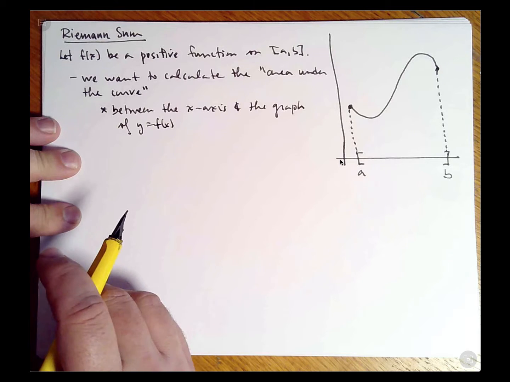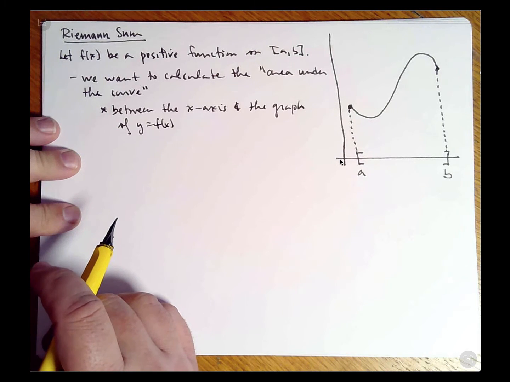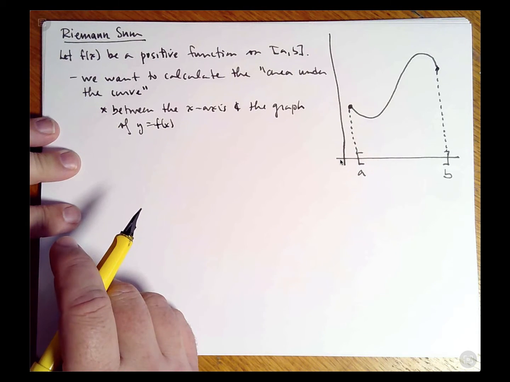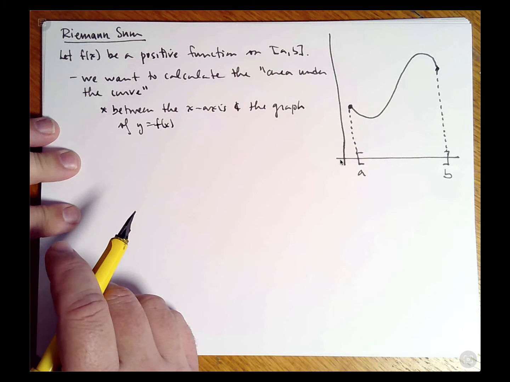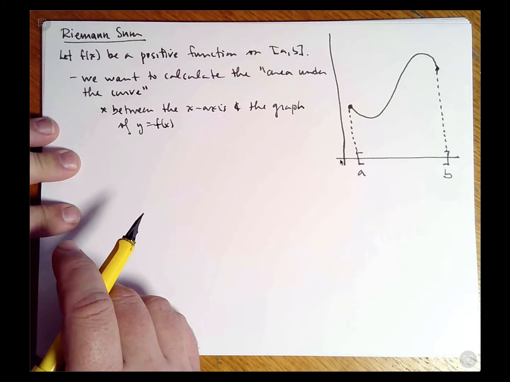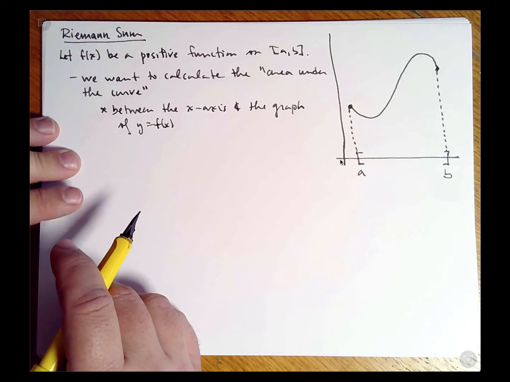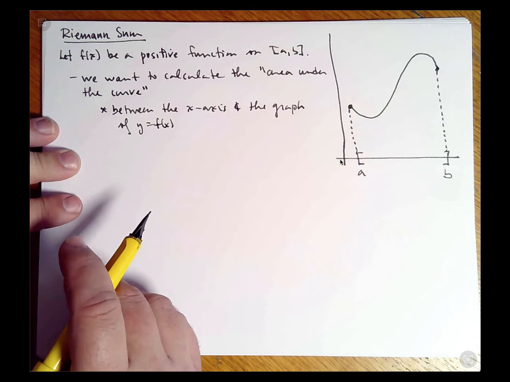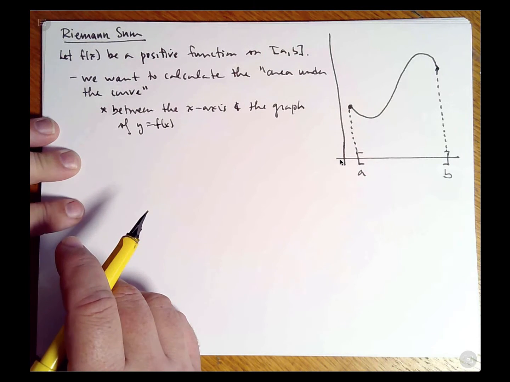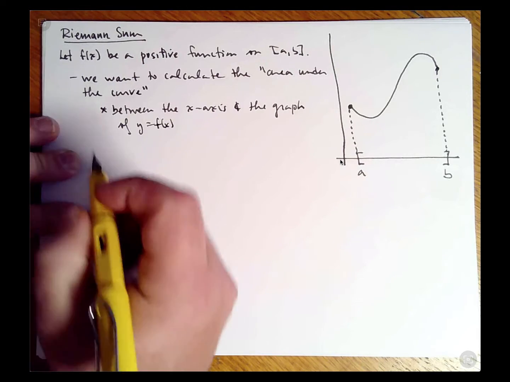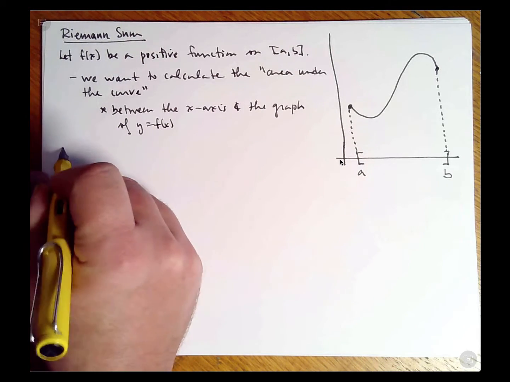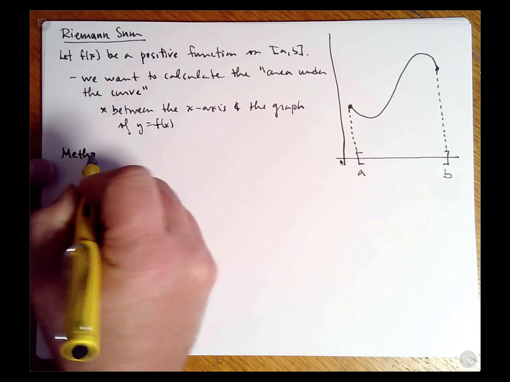If our curve were straight, we've talked about this before, that'd be easy to do. We could use plane geometry, but the graph here is curvy, and we can't use plane geometry. We actually have to use calculus. So I'm going to outline for you the method that we've been using, and I'm going to outline it in 3 steps.